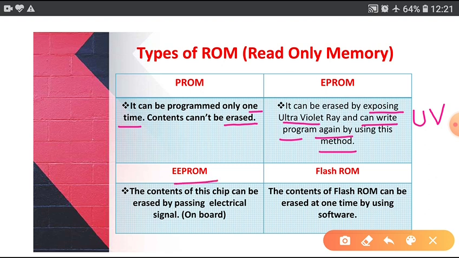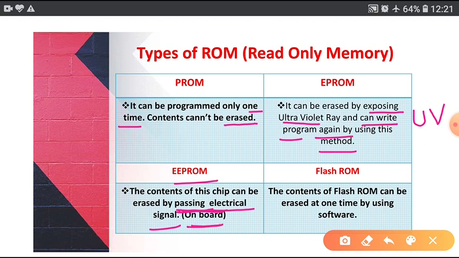Now EEPROM. The contents of this chip can be erased by passing an electrical signal, not by using ultraviolet ray. EEPROM is a new version of EPROM.